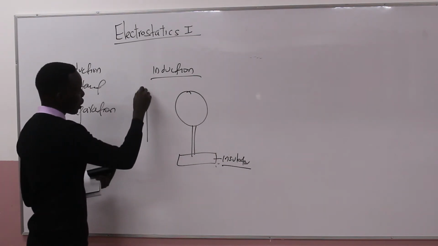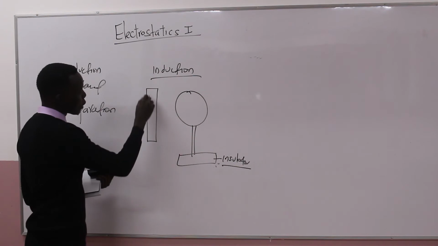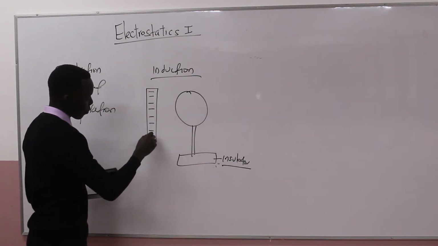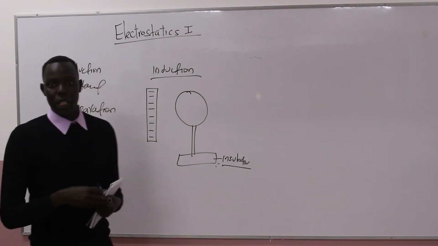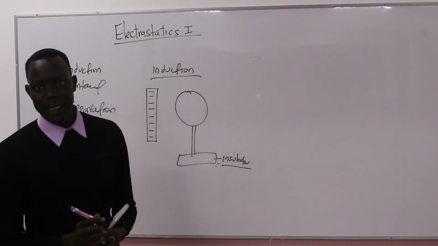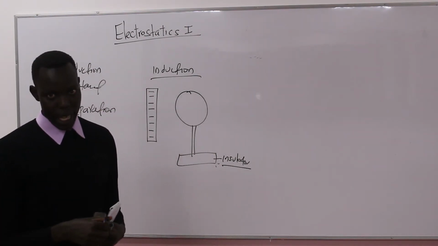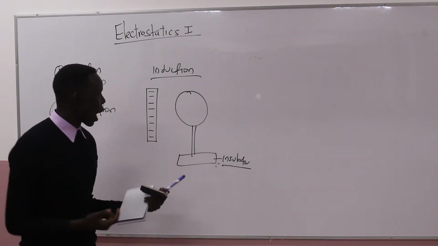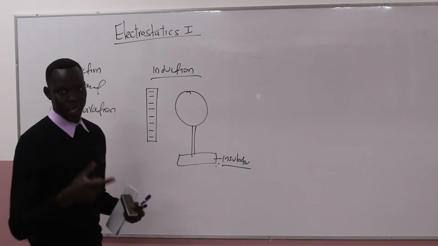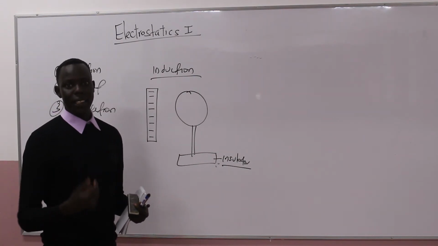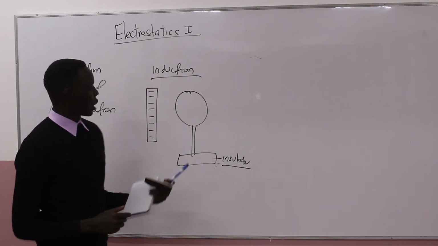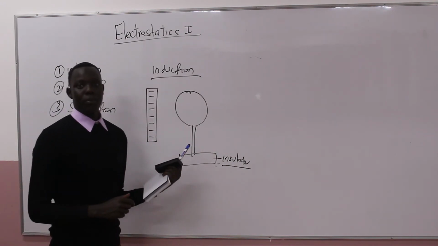A negatively charged rod is brought close to the material to be charged. Then what happens? Here, you need to be very keen. From the law of charges, which states that like charges repel and unlike charges attract, this is a negatively charged rod.